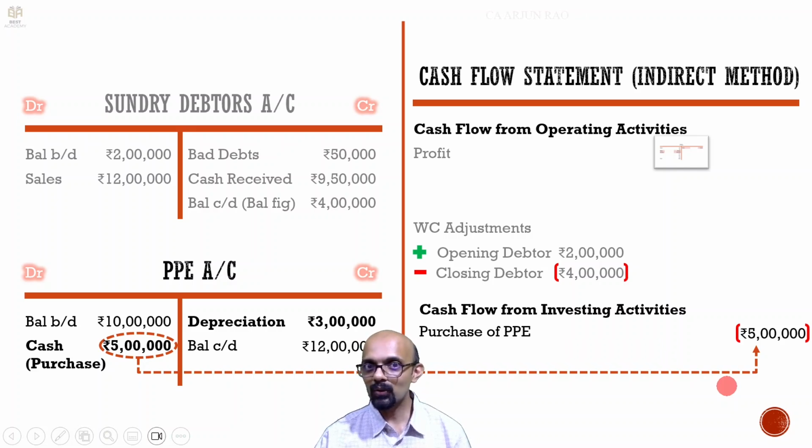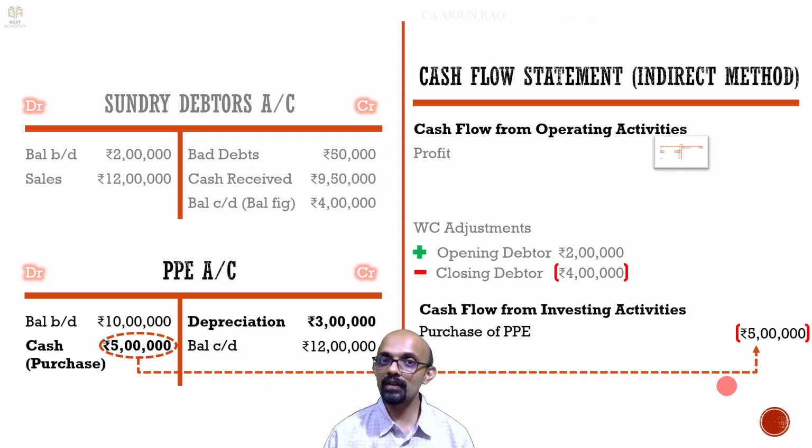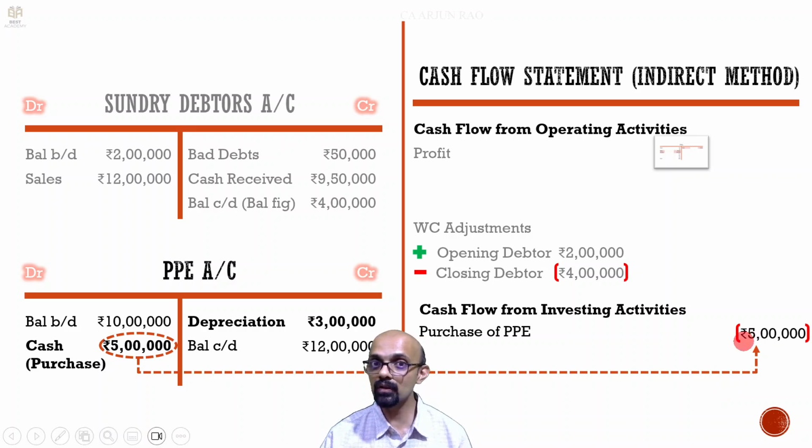But we are not going to do that. We just discussed why, right? Cash flows relating to investing and financing are always shown directly. So when you have already shown this 5 lakh directly, do you need to show this change in balance and depreciation? No, then it would be double accounting, right?